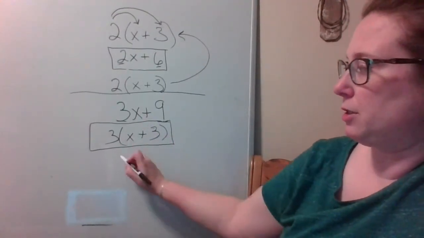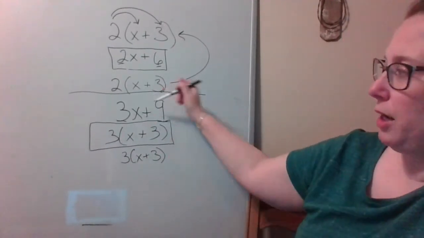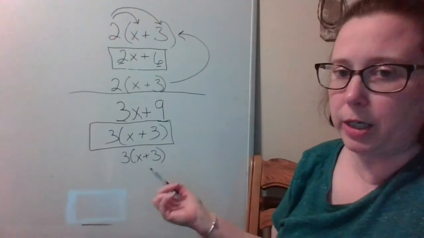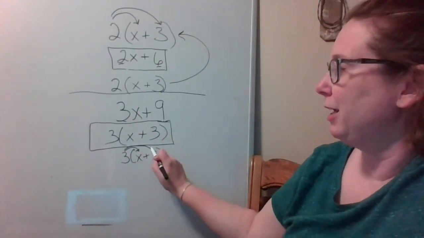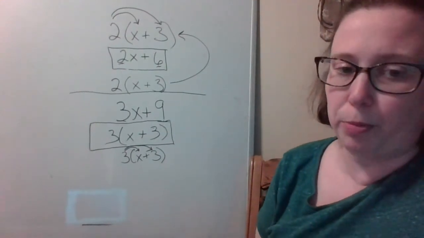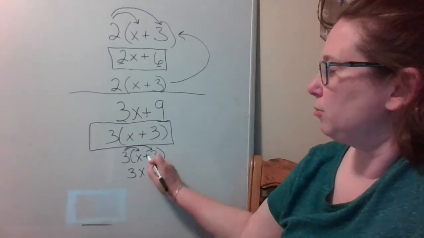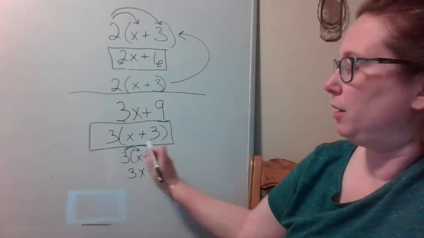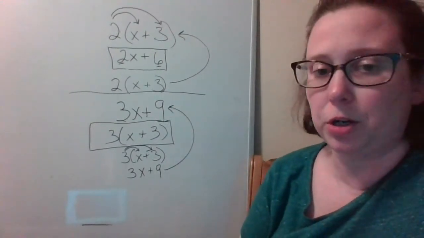If you would reverse this and do the distributive property, we should end up with this. So that would be a good way to check these. If we distribute this 3, remember you have to distribute it to both of your terms. We're going to take 3 times x, bring our operation down, and then 3 times 3 is 9. Notice that matches what we started with.